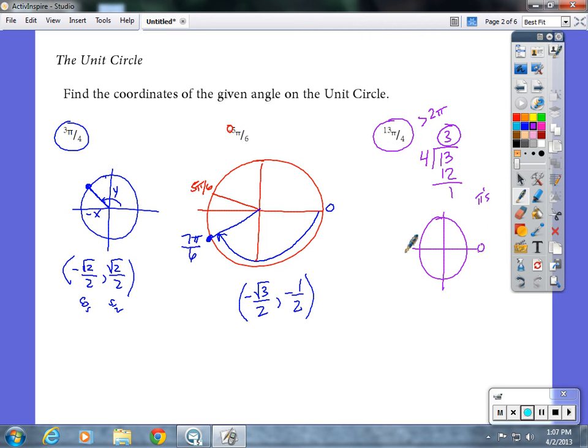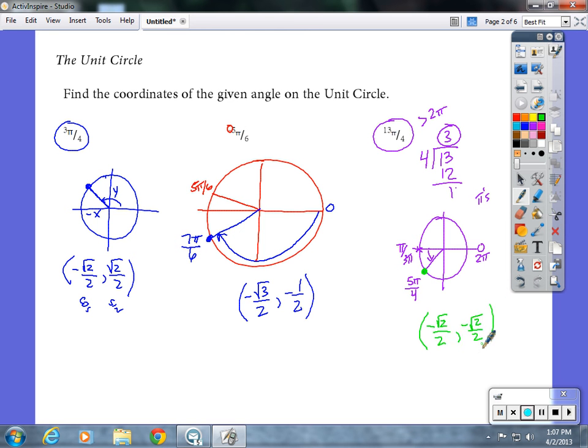So if that's 0, and that's pi, that's 2 pi, and then that's 3 pi. If we're at 3 pi, and we're going 1/4 farther, that will be 5 pi over 4. So the coordinate we're looking for is the coordinate at 5 pi over 4, third quadrant. So we're negative, negative: negative root 2 over 2, comma, negative root 2 over 2.